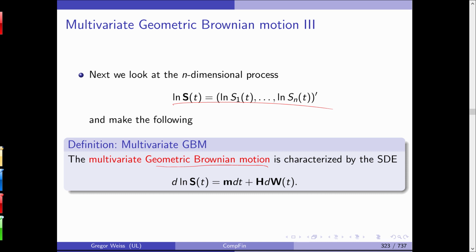We take the logarithm of the stock price, and then the change in the logarithmic price, aka the log return, is modeled as m dt plus H dW_t. So it might be an idea to use a multivariate geometric Brownian motion for the log returns.